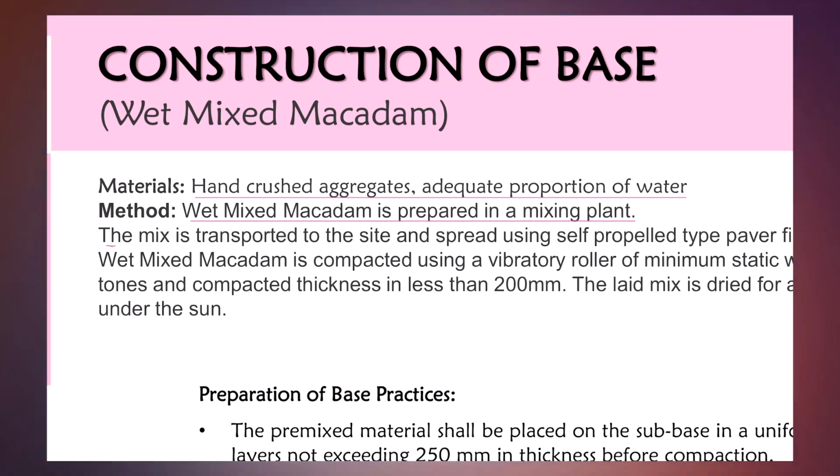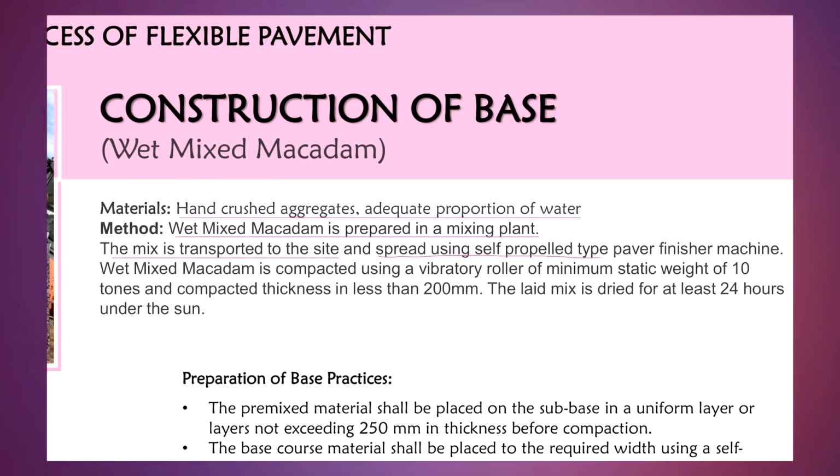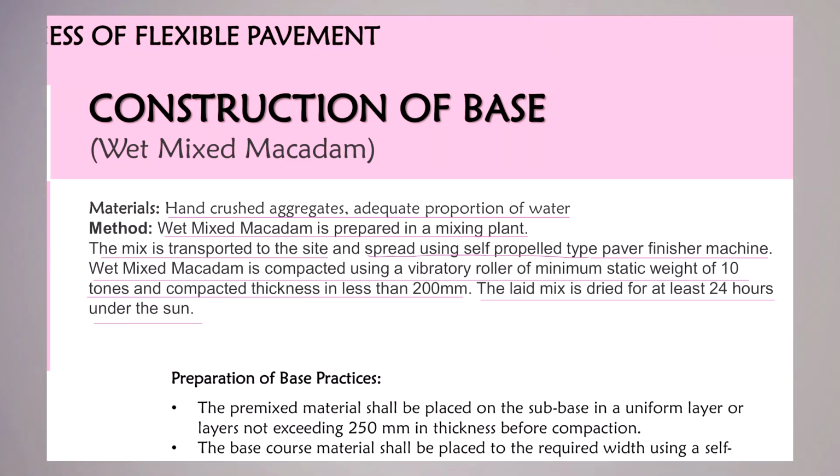The mix is transported to the site and then spread using a self-propelled type paver finisher machine, which we commonly call the paver. Wet mixed macadam is compacted using a vibratory roller of a minimum static weight of 10 tons, and the compacted thickness is less than 200 millimeters. The wet mix is then dried for at least 24 hours under the sun, so it is dried naturally.